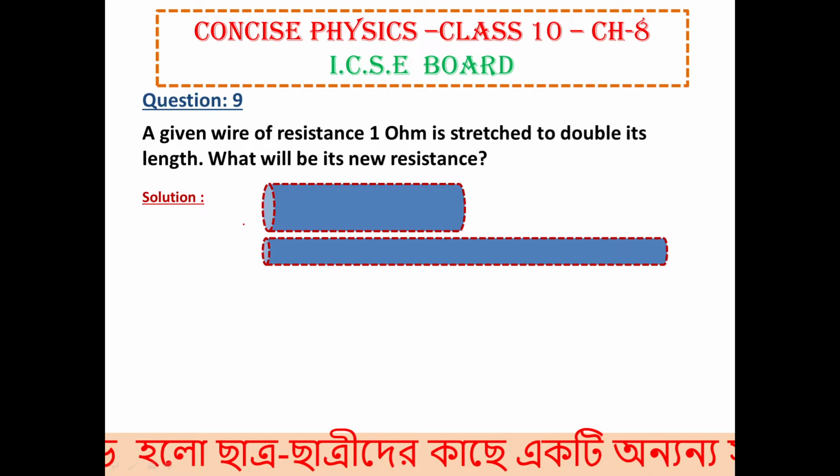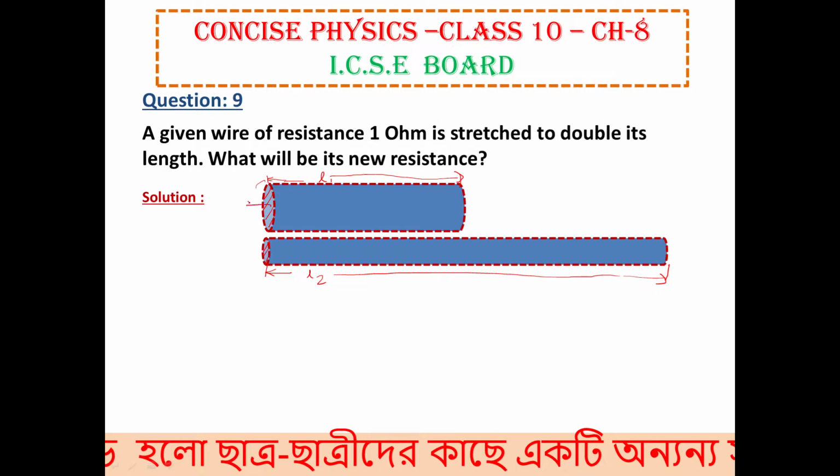Here you see in the figure, the first one, that is this one, is the initial position of the wire. Suppose the length is L. So if the initial length is L1 and after stretching the same wire the length is L2, then definitely the cross section area will reduce.